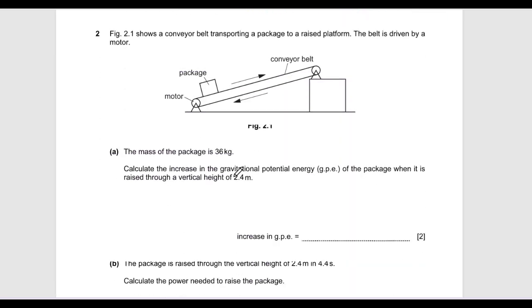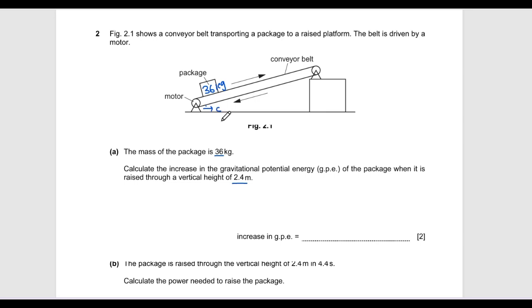This question says figure 2.1 shows a conveyor belt. This is a conveyor belt. It just slides and then helps the load to lift it some height, and the mass of the package is 36 kg. This box has the mass of 36 kg. Calculate the increase in potential energy of the package when it is raised through a vertical height of 2.4 meters.